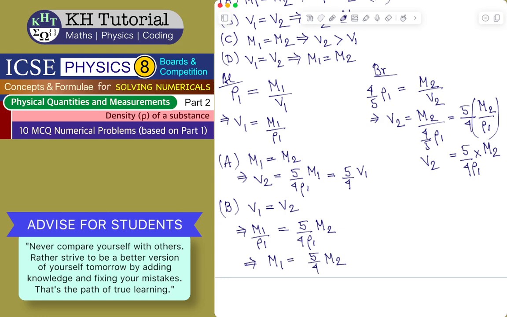Clearly, 5 by 4 m2 is definitely greater than m2, since 5 by 4 is 1 and 1 by 4.